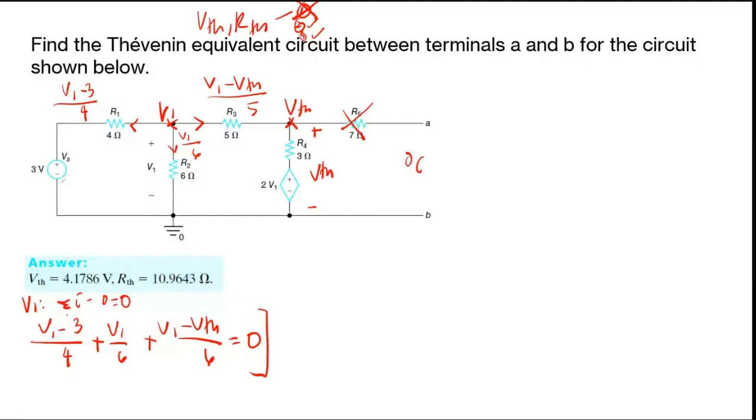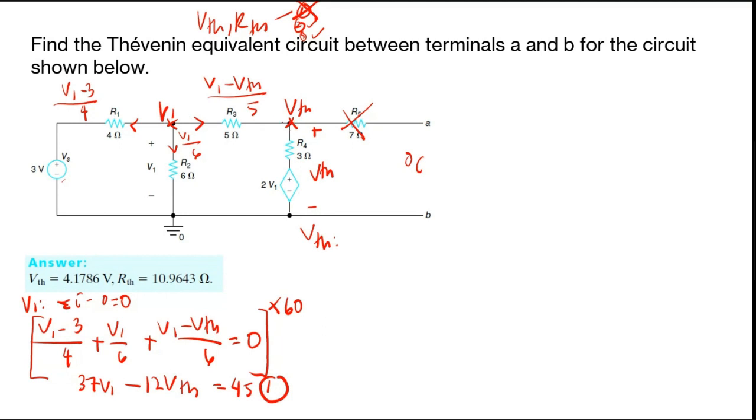For this one, you need to simplify. You can multiply by 60, and then you find that your equation is 37 V1 minus 12 VTH equal to 45. So this is your first equation at node V1. Now let's get the equation at node VTH.